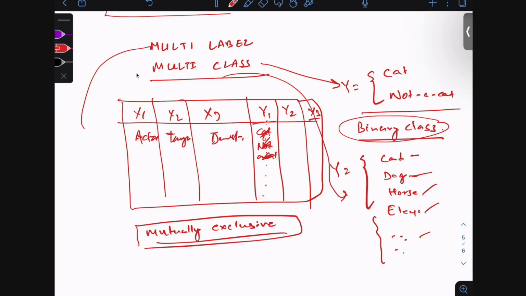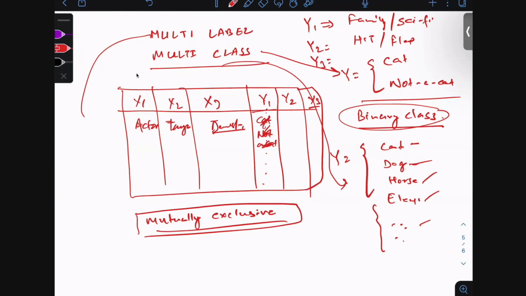Some features of a movie are given, and you have to predict whether y1 says it's a family movie or a sci-fi movie or something like that. My y2 predicts whether the movie will be a hit or a flop.